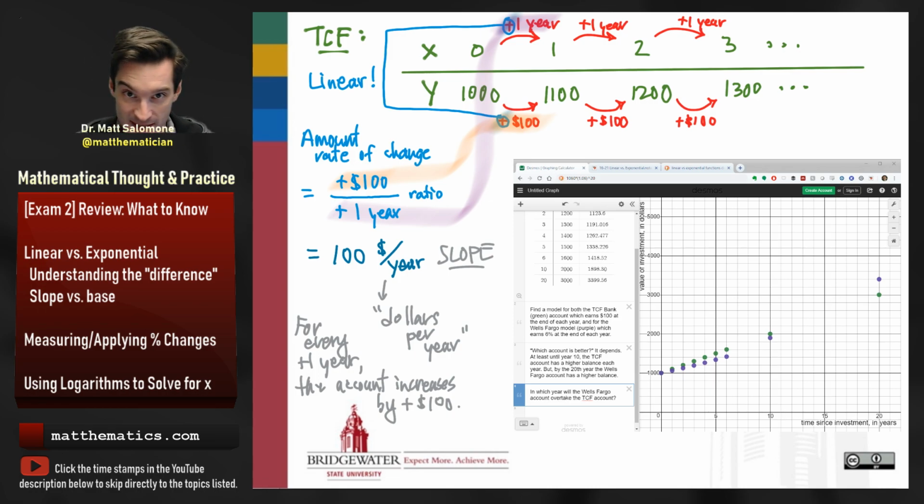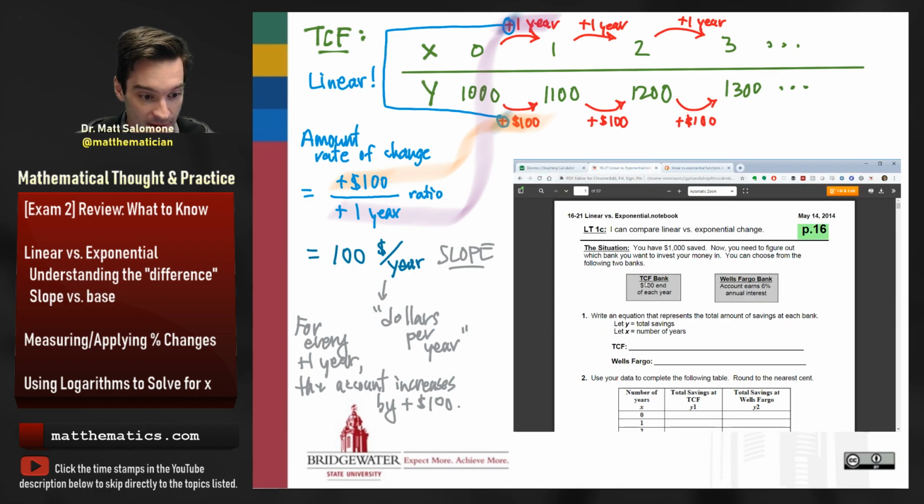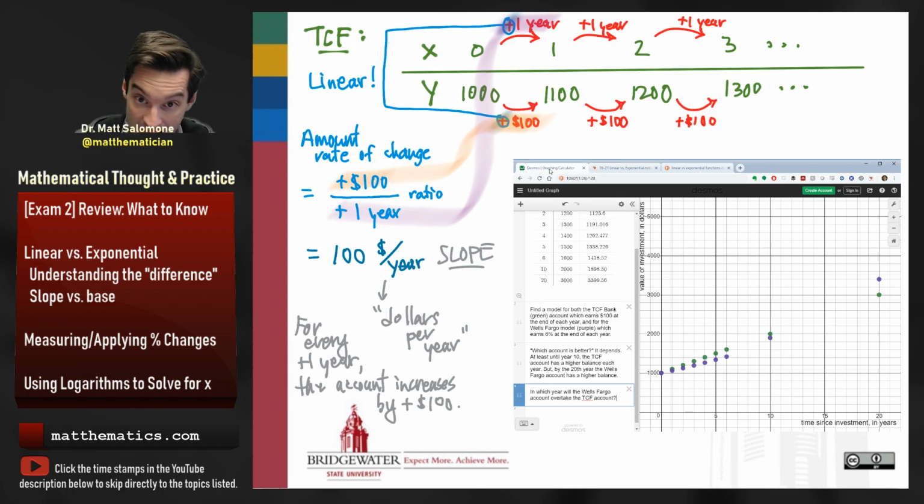That's not surprising because that's literally what was told to us about this bank account to help us set up this problem in the first place. But in telling us that information, right, so in giving us this $100 at the end of each year is added to my bank account, they have explicitly told us here that that is the slope of this linear relationship. Right? So that's what this number means. That ends up being the slope of my equation.